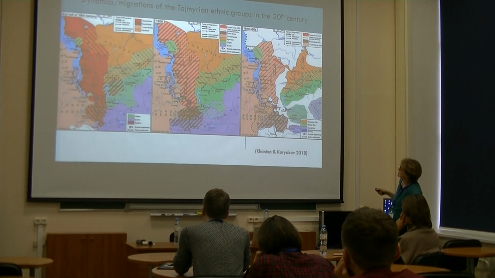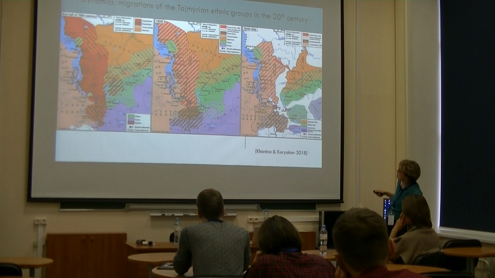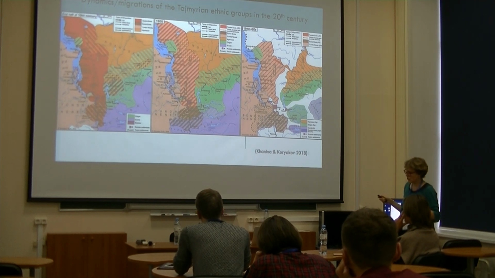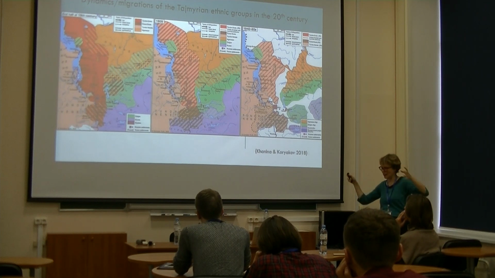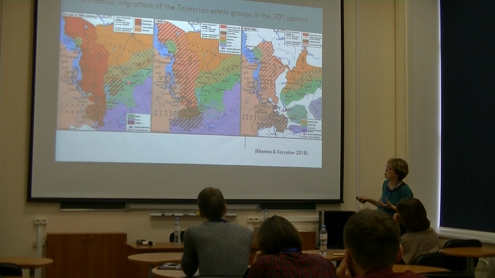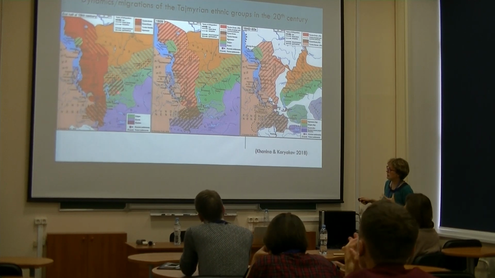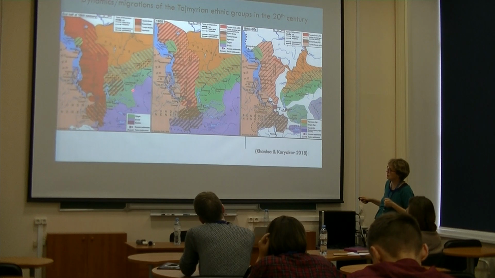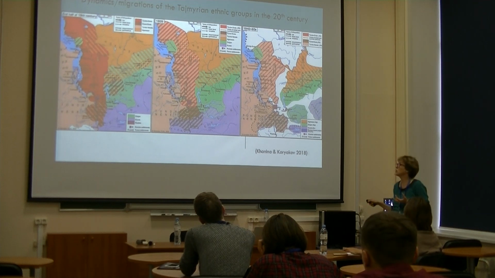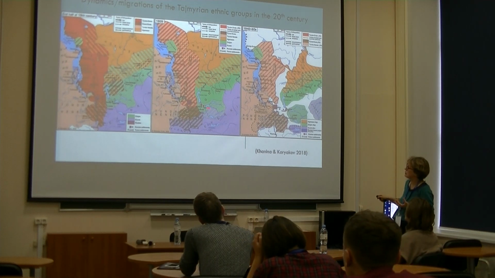And then if you look at the Dolgans, the interesting history behind them is that the end of the 19th century was kind of the final period of the emergence of the Dolgans as an ethnic group, and that's why there were still some Russians living not in settlements, but in the tundra, hunting and fishing, basically following the same traditional lifestyle, and they were all assimilated by the Dolgans.